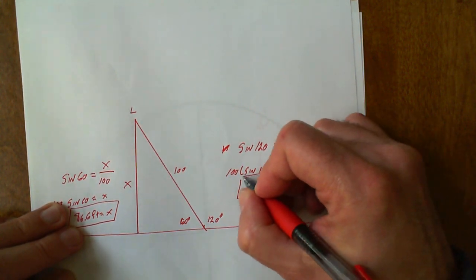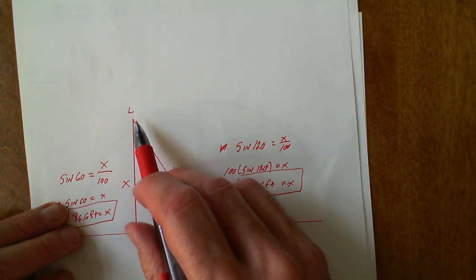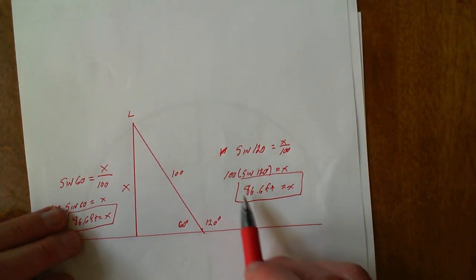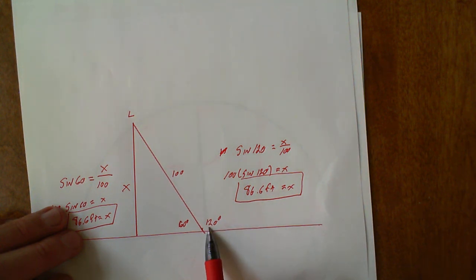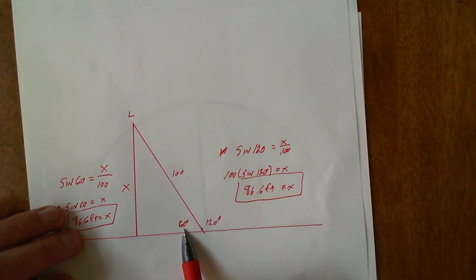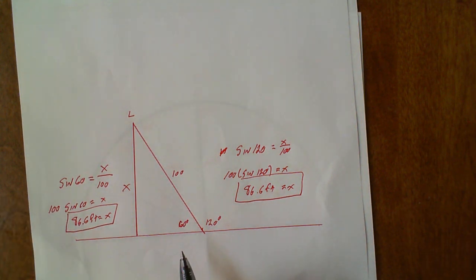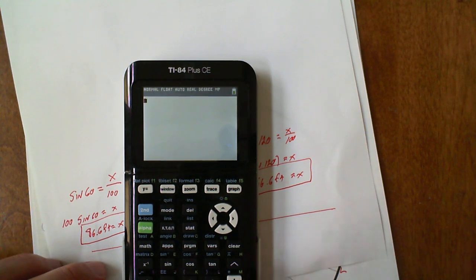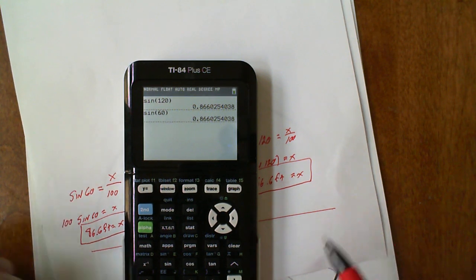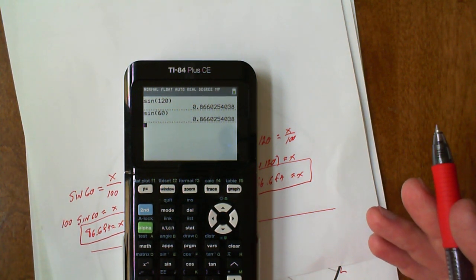So if I'm calculating the height using this Ferris wheel circle, I can see that my height of sine 120 is going to be the same as sine 60. And you can see that on your calculator. If you just calculate the sine of 120, I get 0.866, and you calculate the sine of 60, you get the same answer because they're the same height.